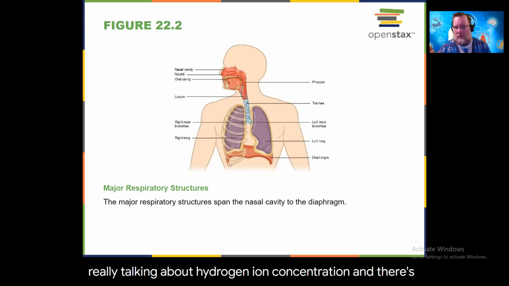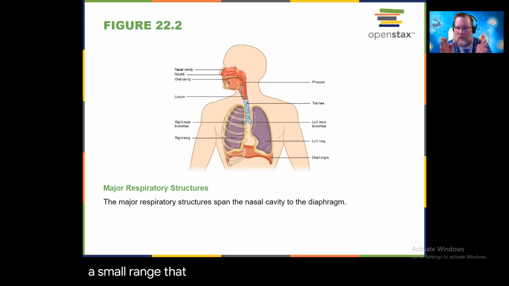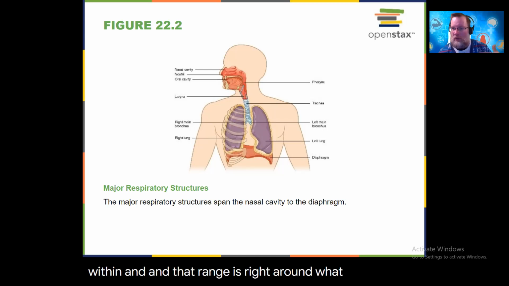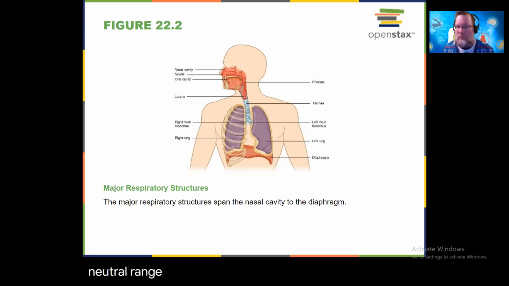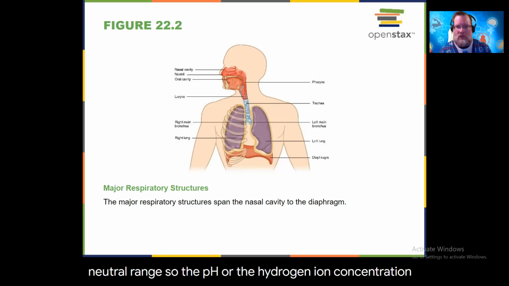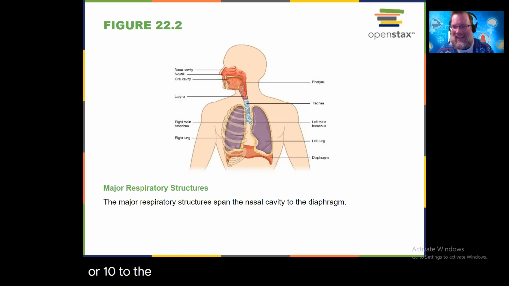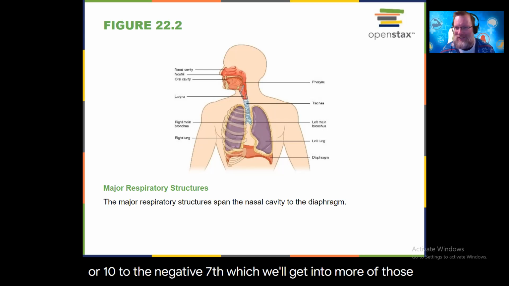There's a small range that the body systems, including the tissues, organs, and cells, really like to stay within. That range is right around what we call the neutral range. So the pH is 7, or hydrogen ion concentration of 10 to the negative seventh, which we'll get into in more specifics next semester.